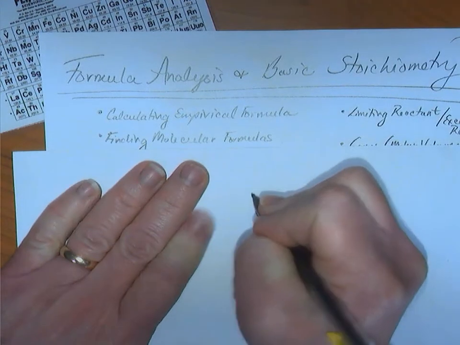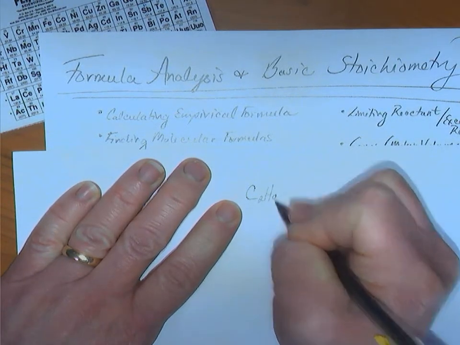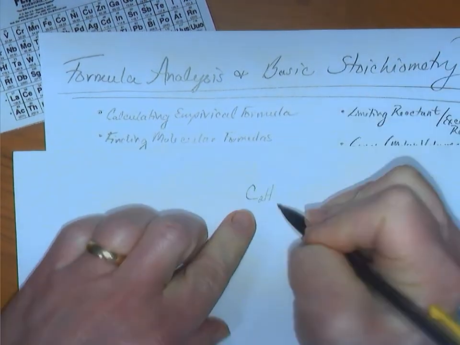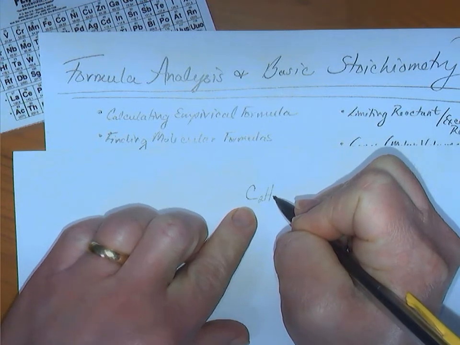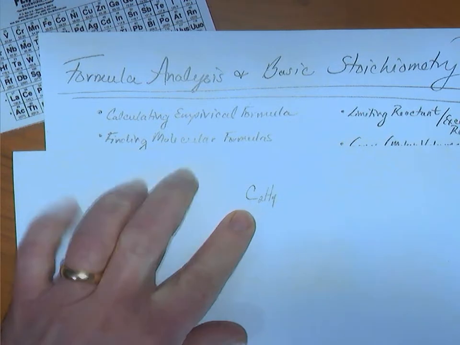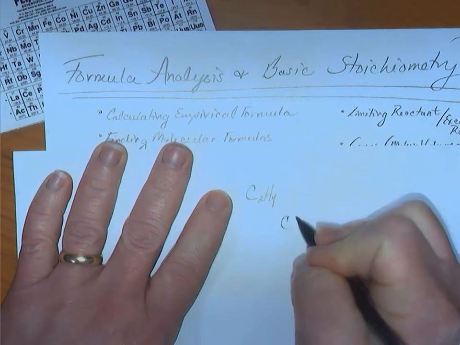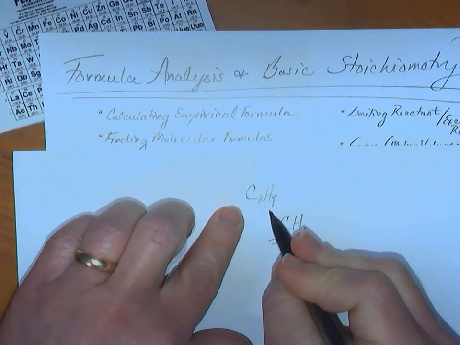So, for example, C2H4. This can be reduced down, and then this would be the empirical of that molecular formula problem.